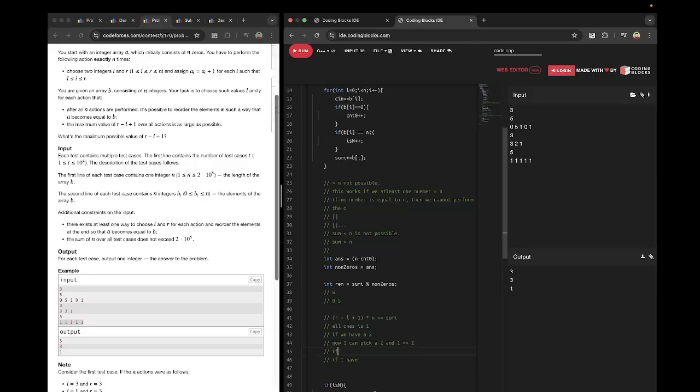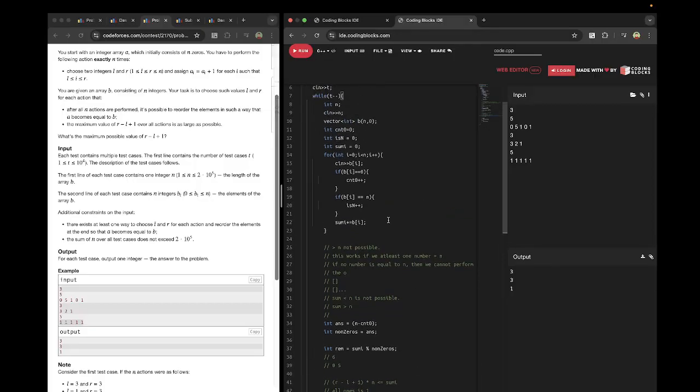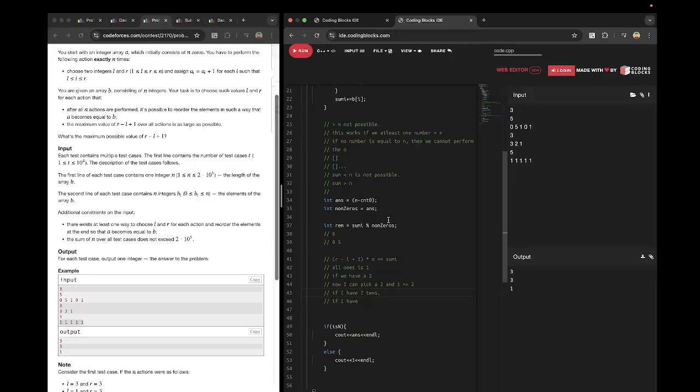If two twos, it doesn't matter. The max number matters, right? The max number matters. No, max number does not matter. If I have two twos, then I can pick three in the same basket, right?